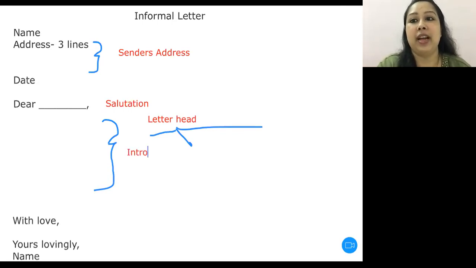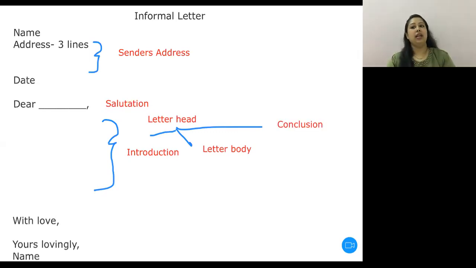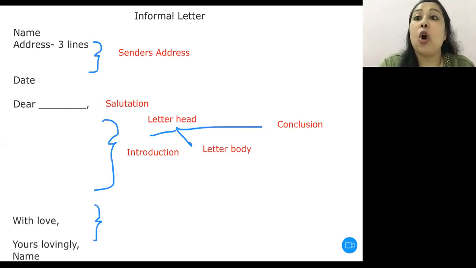First, the letter head has the introduction. Then we have the letter body. And we have the conclusion, as we know. Now, with love and yours lovingly, this is called the complementary closure. What is this called?